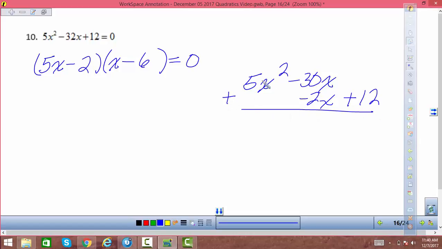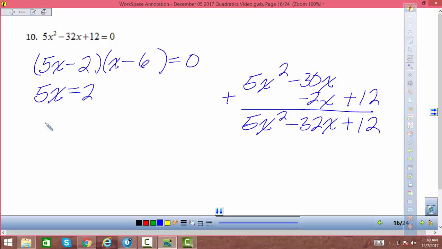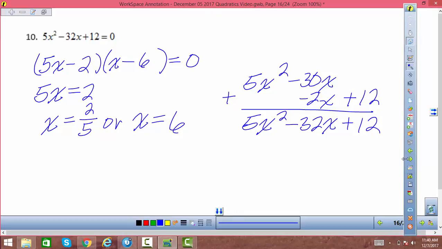If I add up the two rows, I get 5x squared minus 32x plus 12. So using the zero product principle, 5x equals 2, x equals 2/5, or x equals positive 6.